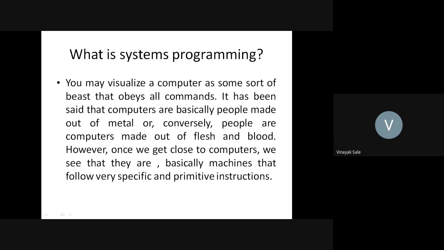When we get close to computers, we see that they are basically machines that follow very specific and basic instructions. Whenever you start a machine, it will follow the algorithmic part, that is start, then next step, whatever is given to that machine, it follows that algorithm with particular instructions.